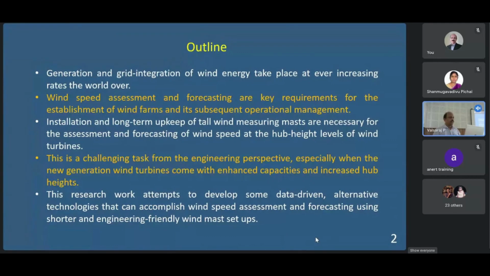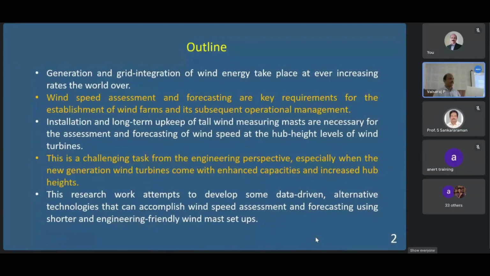And these tasks are done normally by measuring the wind speed at a higher altitude equal to the hub height levels of wind turbines. And it's an engineering structure, this wind mast. And installation and maintenance of wind mast for longer periods is a difficult task from the practical perspective.